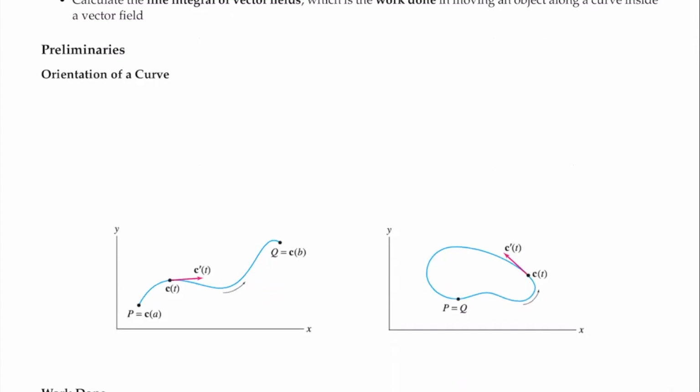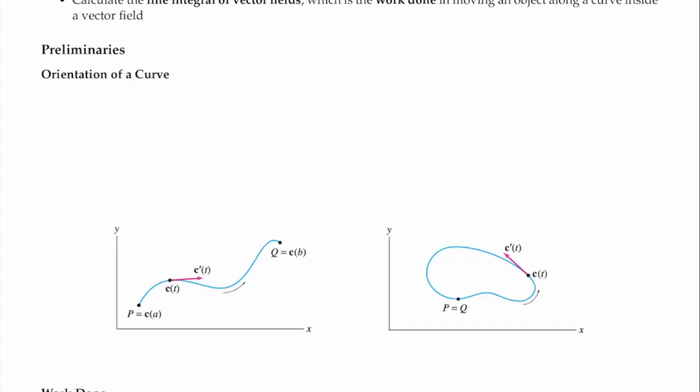So if you have some curve here, it really matters when you go from one position to another, in which direction you move, right? Especially when you have a closed curve like this. If you move counterclockwise or clockwise, it will give you a different sense. Okay. So the first definition is orientations of a curve.